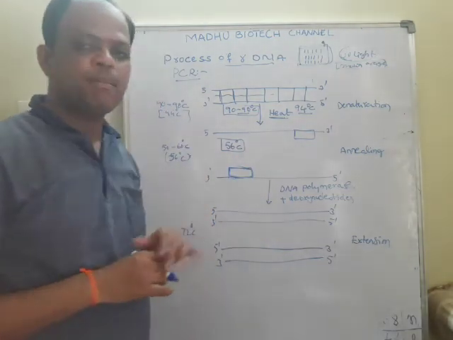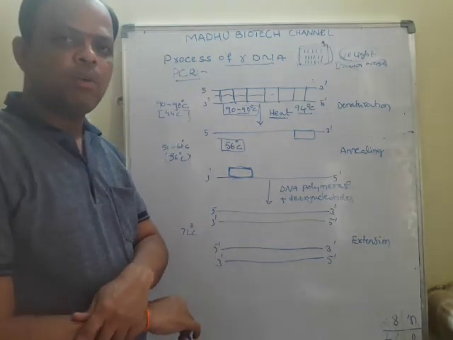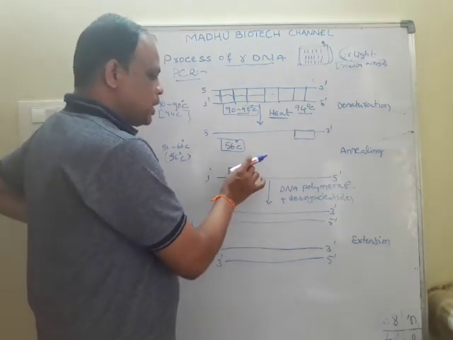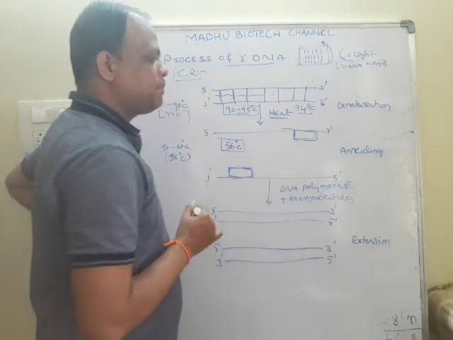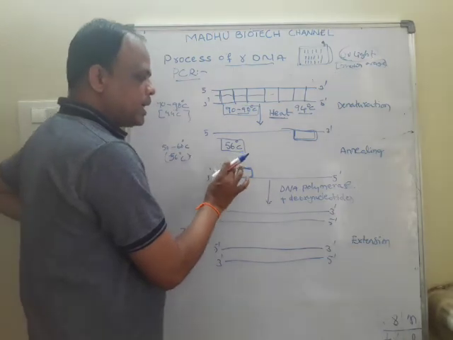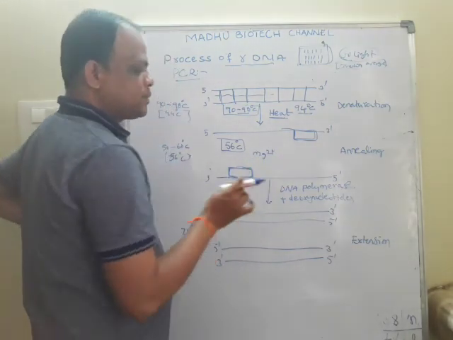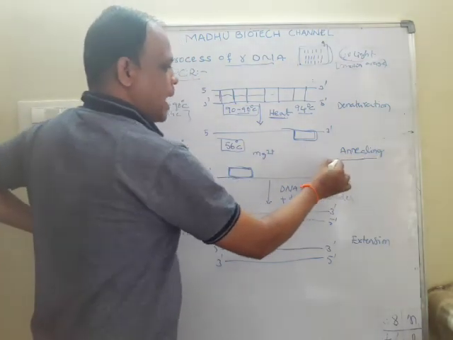These primers are oligonucleotides, and we add them to the single stranded DNA, along with Mg2+. So this step is called annealing.